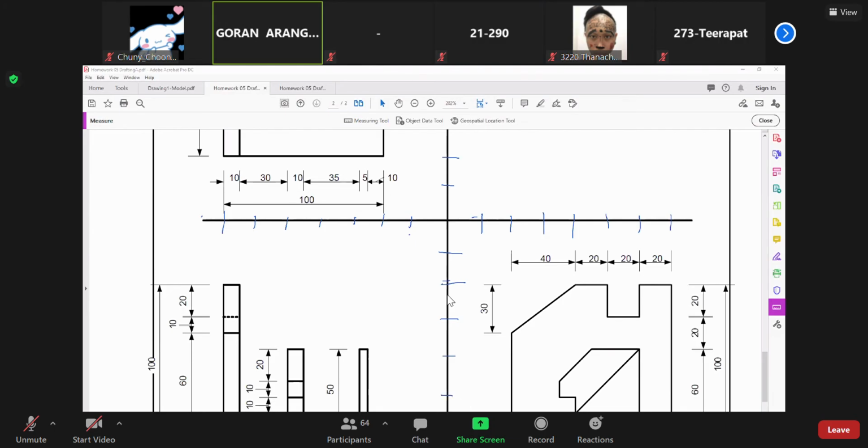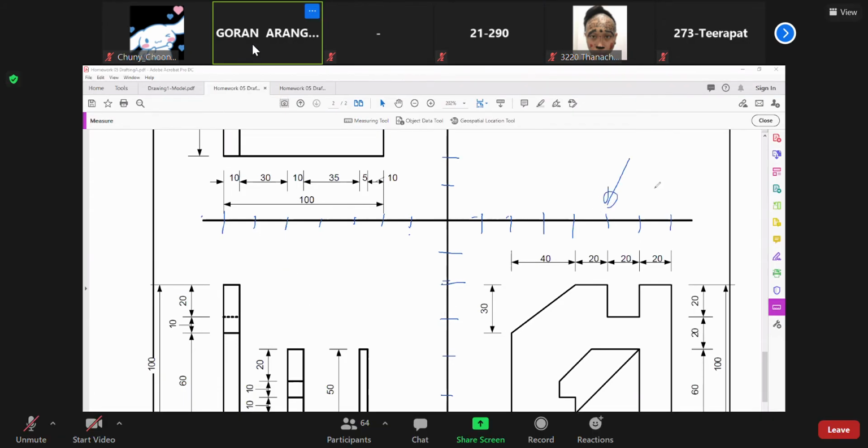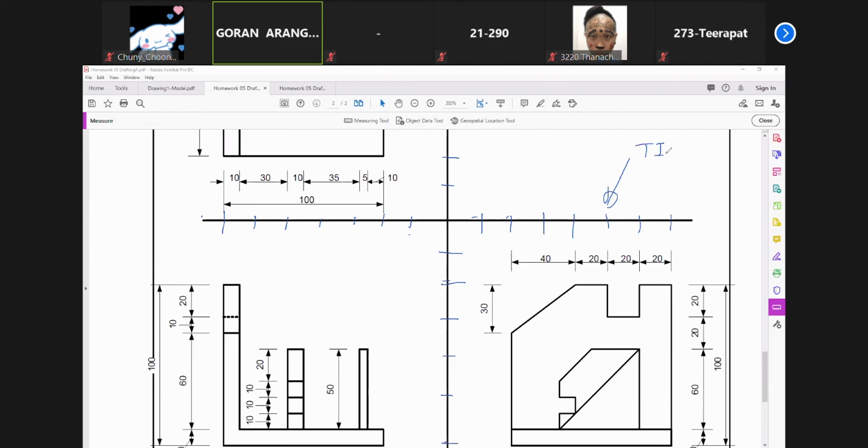This is because you are sending your work as a PDF file. So again, in order that I can check your scale, your folding lines must have ticks every 1 centimeter.